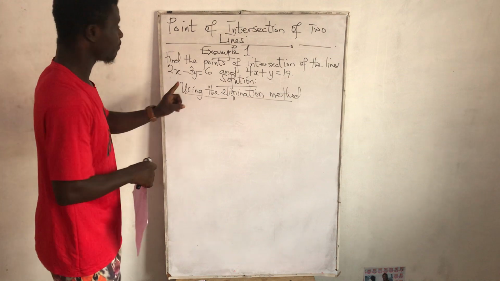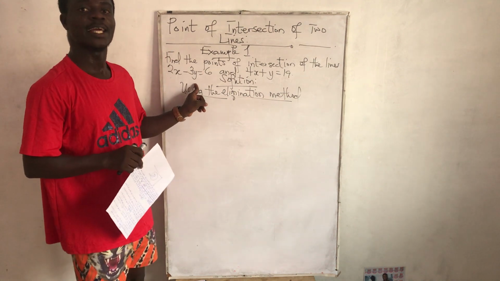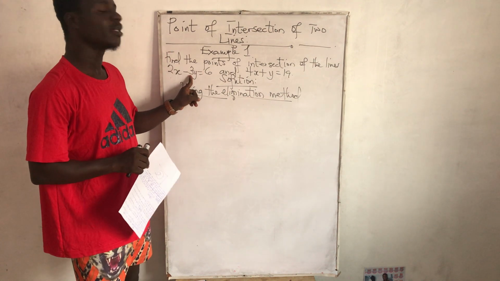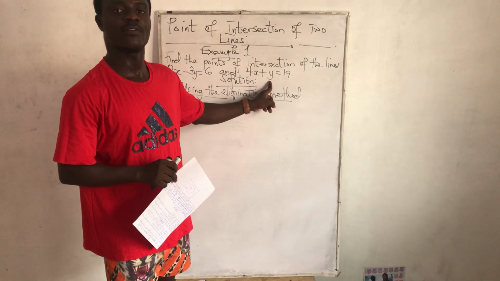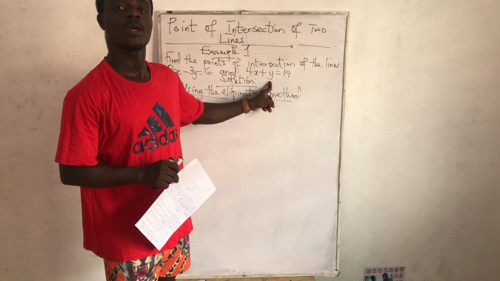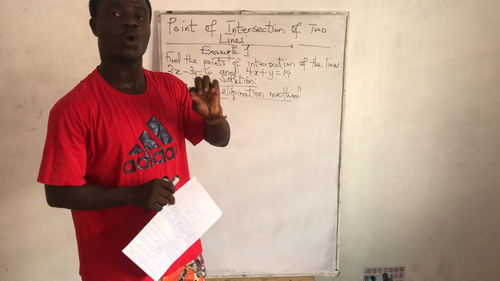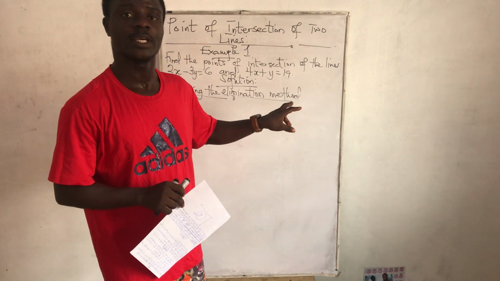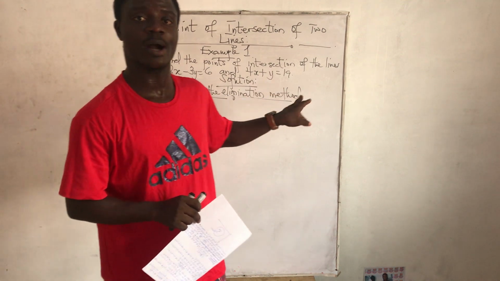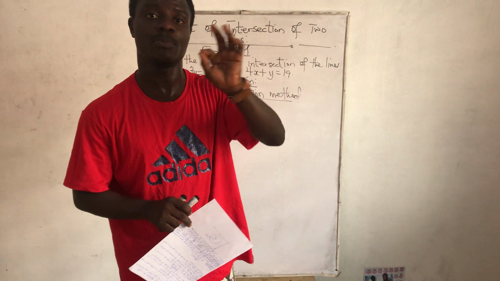In equation 1, the coefficient of y is -3. Then in equation 2, the coefficient of y is +1. So how can we make the coefficients of these two variables y the same?